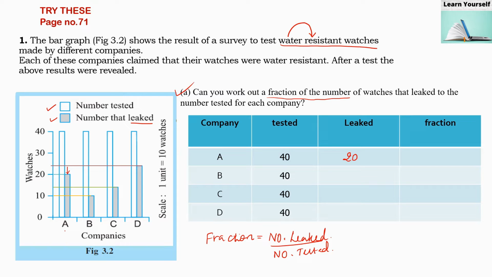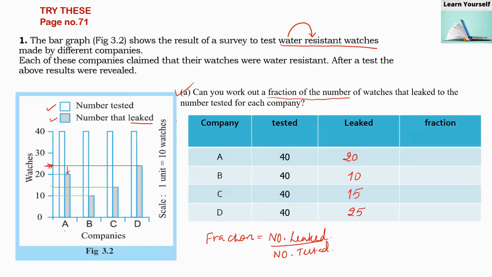Similarly for company B, as you can see, it is 10. Company C, it is coming in between 20 and 10, so I am taking 15 here. Then for company D, it is coming in between 30 and 20. This red mark is for company D. So it tells us 25. So this many watches leaked per company.